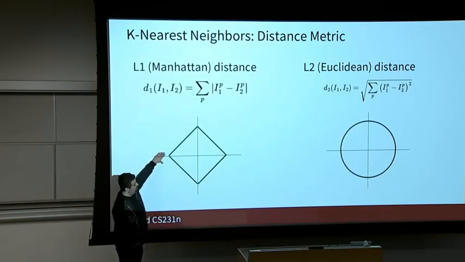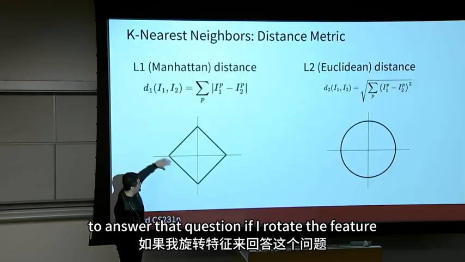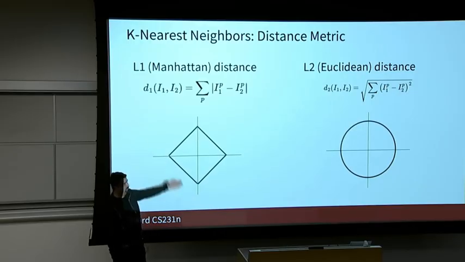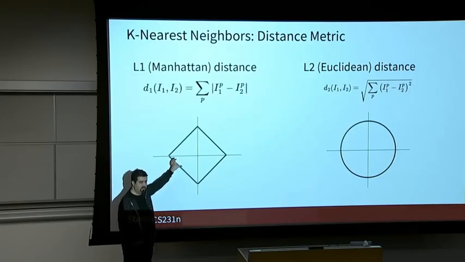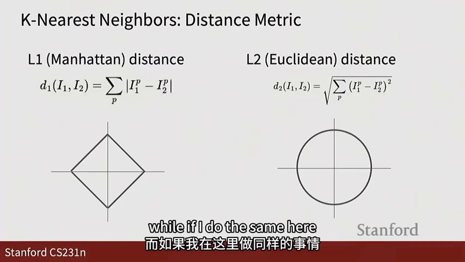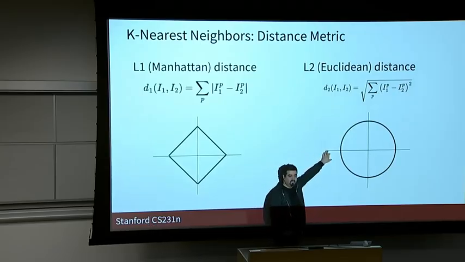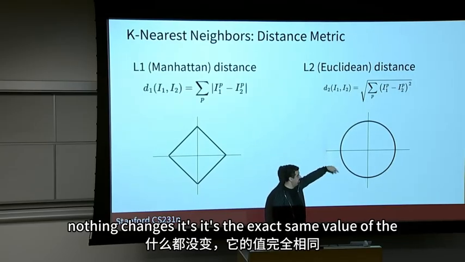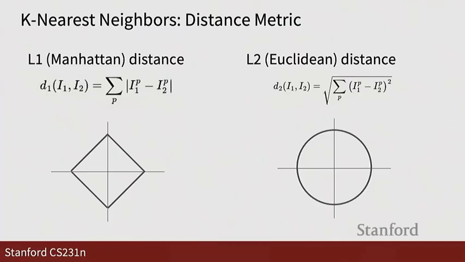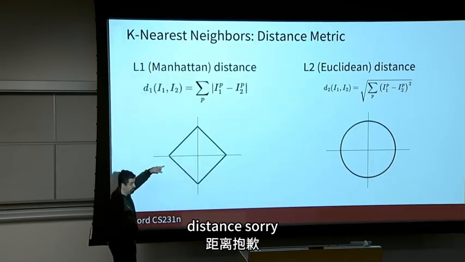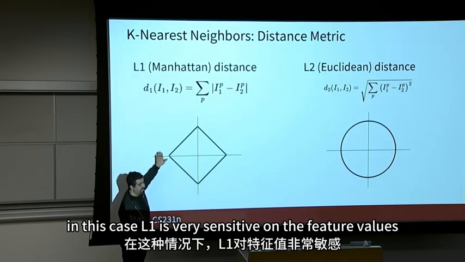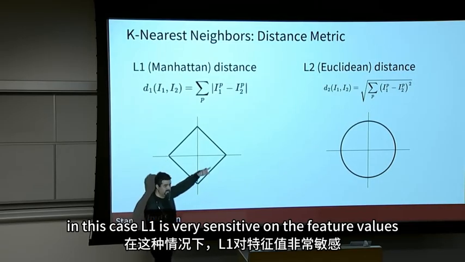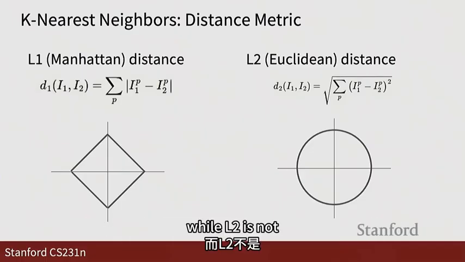So to answer that question, if I rotate the feature axis, the distances and this distance function change completely, right? While if I do the same here, nothing changes. It's the exact same value of the distance, sorry. So in this case, L1 is very sensitive to the feature values, while L2 is not.